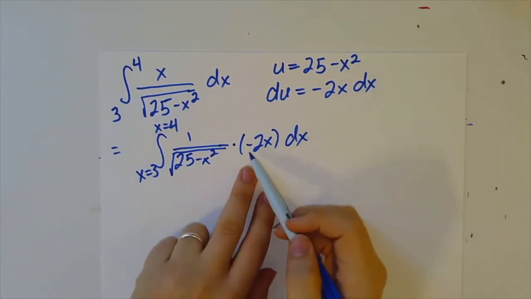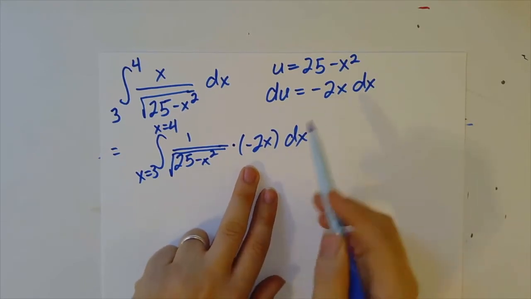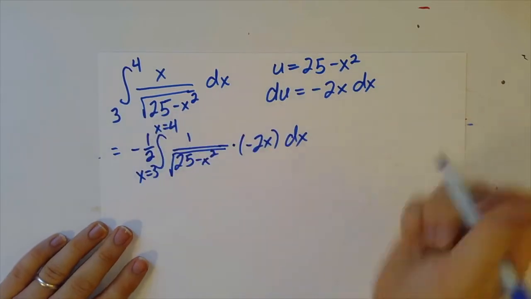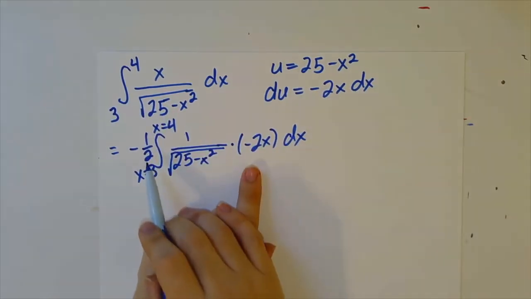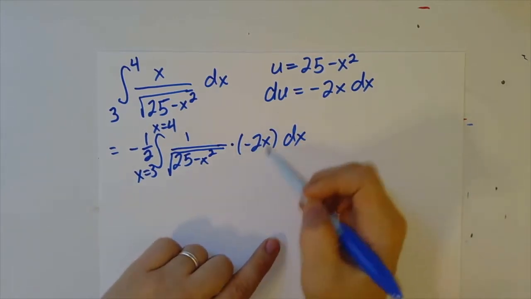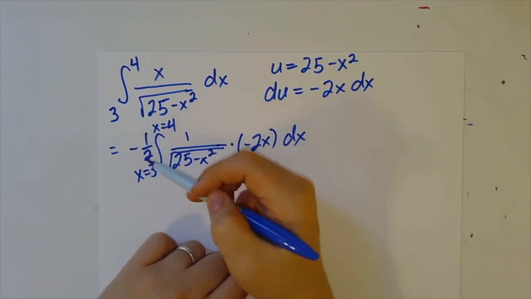Okay, but I needed to make a minus 2 that I didn't have, so that means I need to also have a minus 1/2, because minus 2 times minus 1/2 is 1. So, as I like to say, I'm paying for the minus 2 with a minus 1/2 out front.